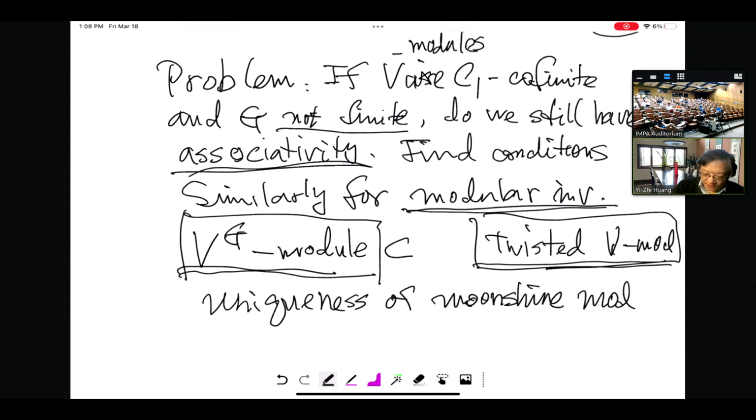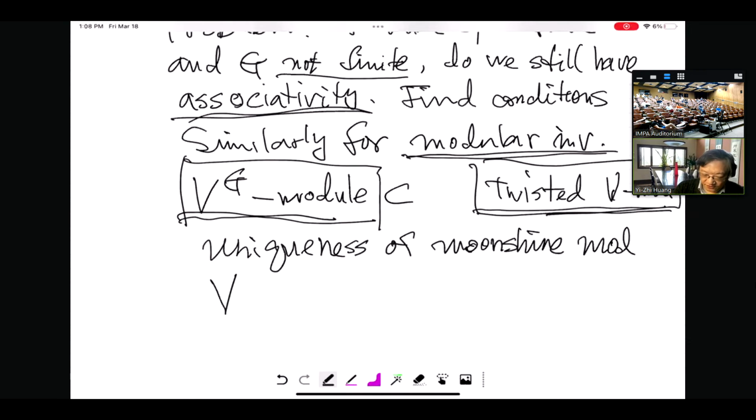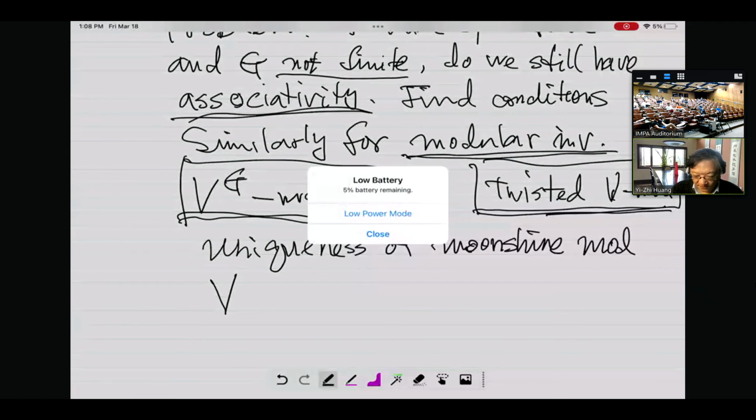The uniqueness of the moonshine module says that if you have a vertex algebra satisfying three conditions, the first condition is that the central charge must be equal to 24.